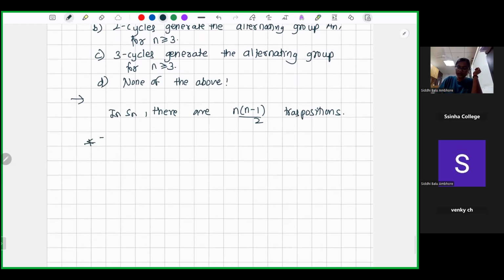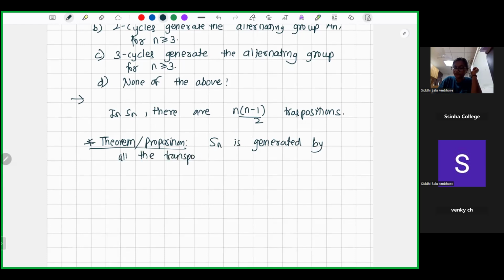Note that in a theorem or proposition in the lecture, we already proved that Sn is generated by all the transpositions in Sn.